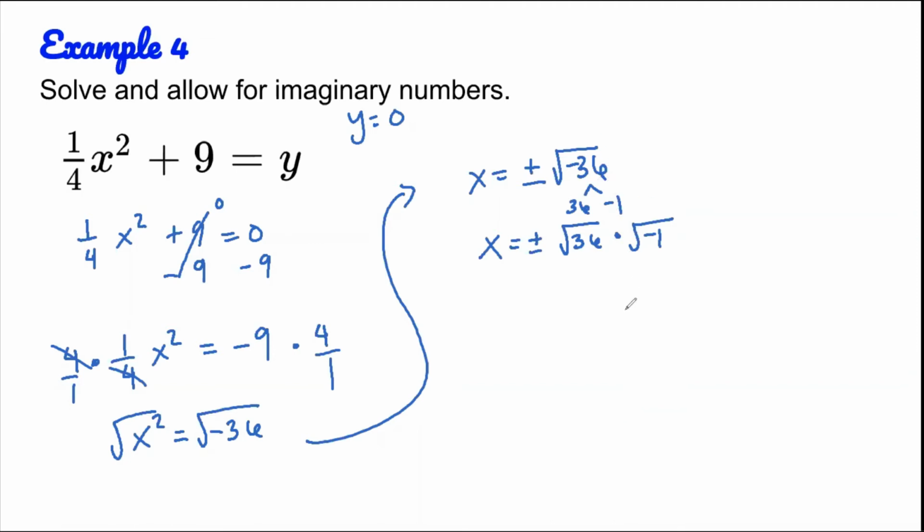Katya, what did you do with the plus or minus? Because we take the square root of both sides, we know that we have a positive solution and we'll have a negative solution. When you take the square root of one side and the other side, we've been doing that whenever we take square roots.